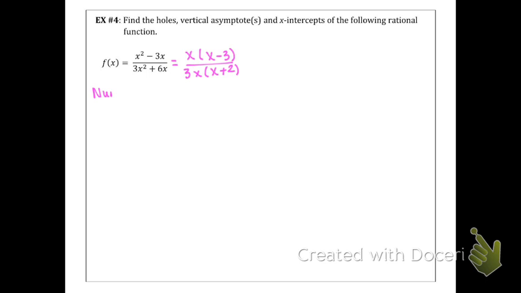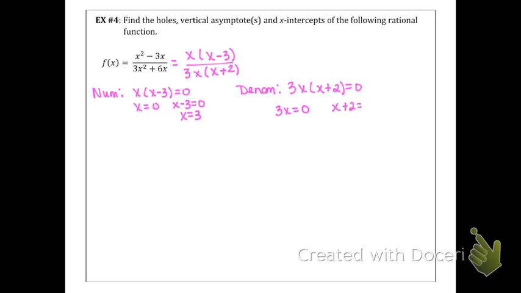So for the numerator, that's where our x times x minus 3 will equal 0, which means x equals 0, x minus 3 equals 0, so x equals 3. For our denominator, it's going to be where 3x times x plus 2 equals 0. So 3x equals 0, x plus 2 equals 0. Divide by 3, subtract the 2.